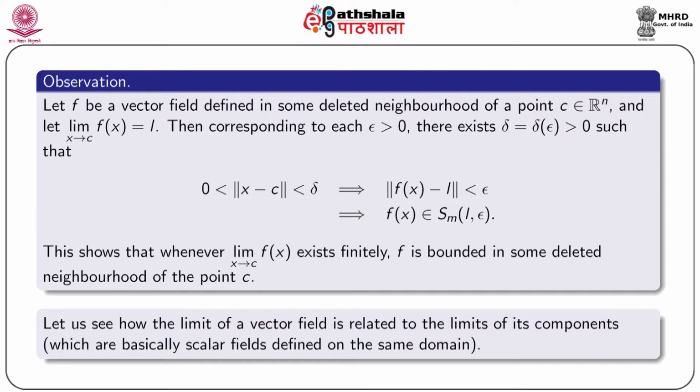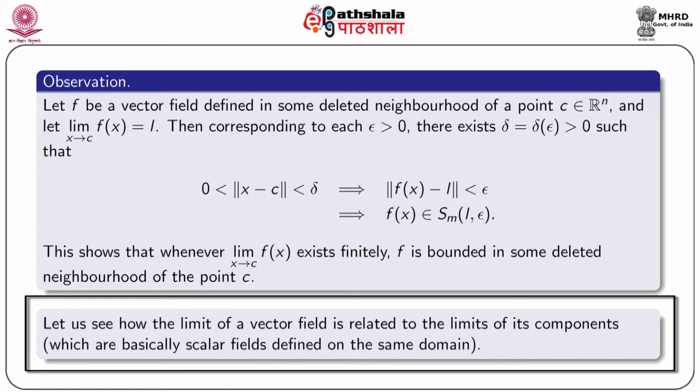That is, f(x) belongs to the open sphere in Rm with center L and radius epsilon. This shows that whenever the limit of f(x) as x tends to c exists finitely, f is bounded in some deleted neighborhood of the point c.